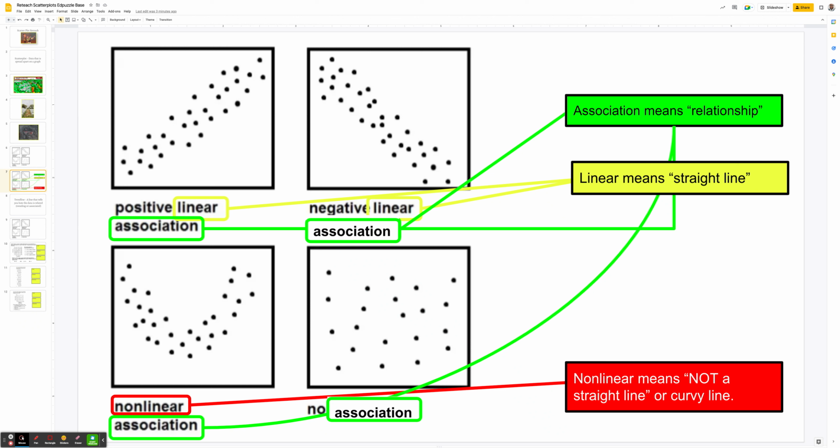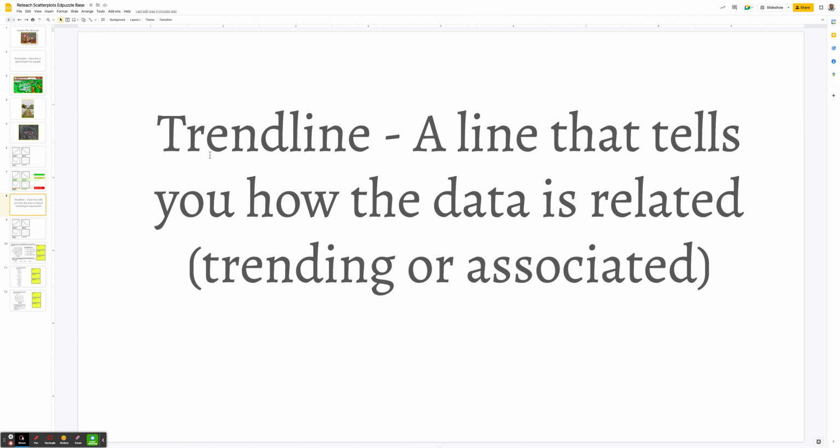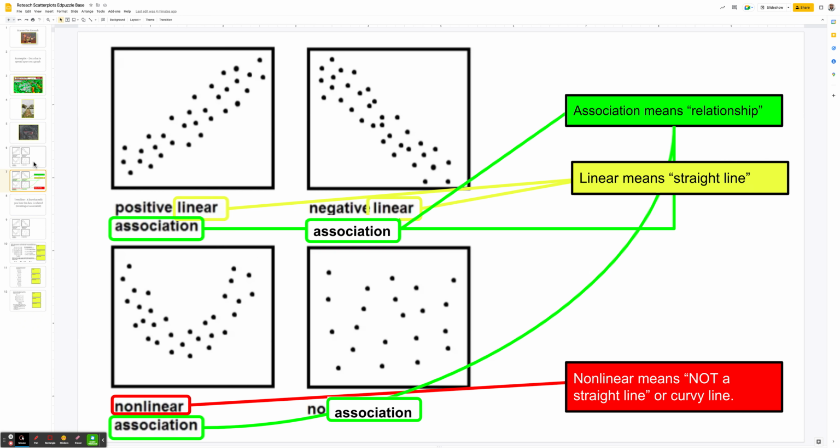Now, how do you go about doing that? Well, you're going to use this thing called a trend line. A trend line is a line that tells you how the data is related, aka how it is trending or associated. Because in these first two, I kind of just told you this is positive, this is negative, this is nonlinear, but how could you determine that for yourself?